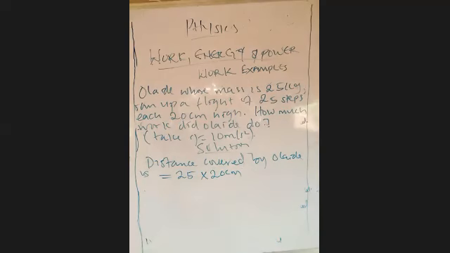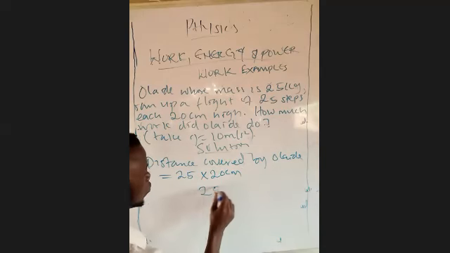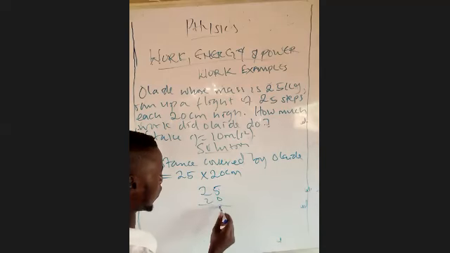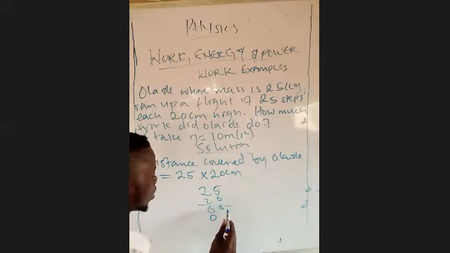And 25 times 20, let's look into it: 0 times 5 is 0, 2 times 5 is 10, 0 remainder 1, 2 times 2 is 4 plus 1 is 5. That will give us 500.